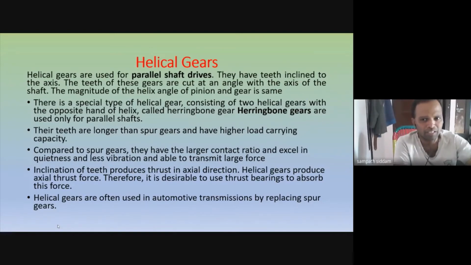There is a special kind of gear which consists of two helical gears with opposite hand, which we generally say as a herringbone gear. These are used only when your shafts are parallel. Next, the teeth are much longer when you compare with spur gears, and when your teeth are longer, load carrying capacity is also much higher than with spur gears.